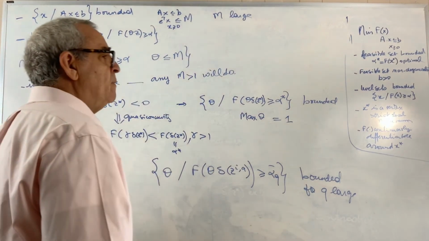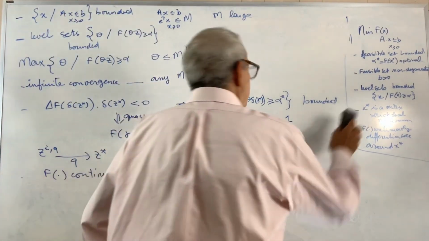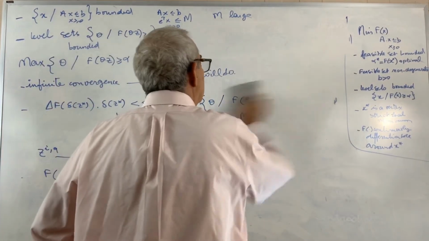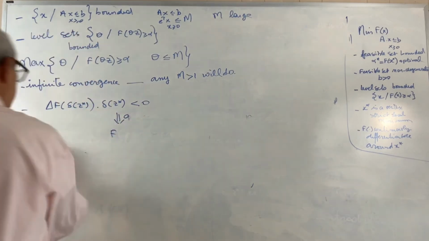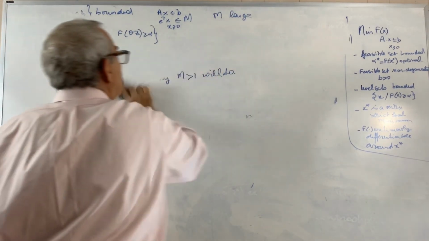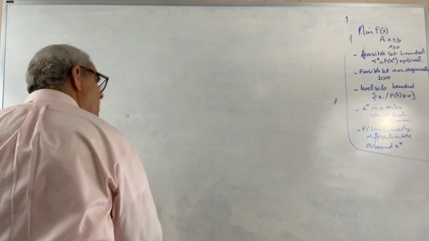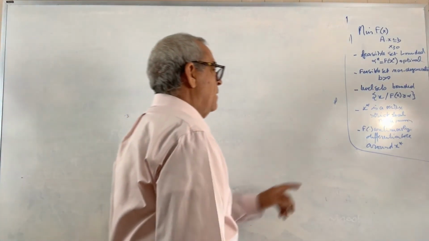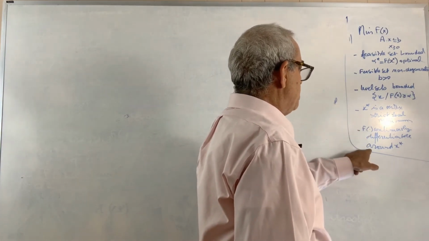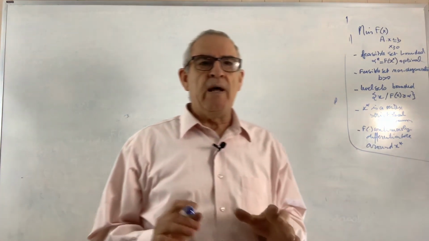All right, now, how about the last one, strict local minimum? Before that, let's talk about continuously differentiable around X star. I don't need differentiability everywhere.